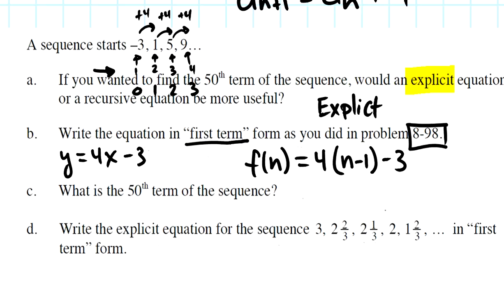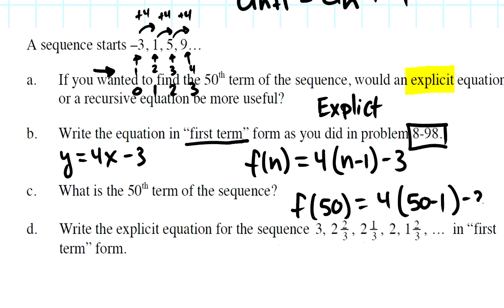So what we're looking at right now is first term form. And what's super nice about this is if I want to know the 50th term, I just say the value of this sequence for the 50th term is equal to 4 times 50 minus 1, and then minus 3 from that.